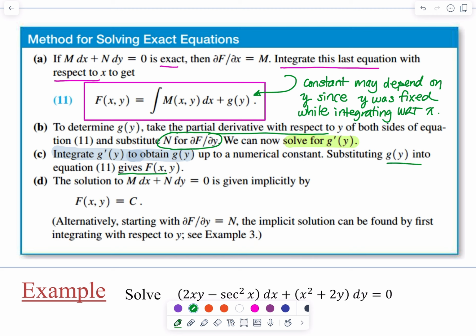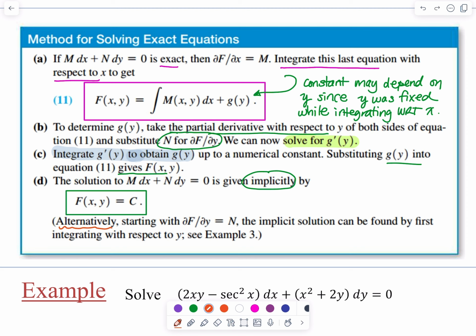And the solution to this exact equation is given implicitly as f of x, y is equal to a constant. Alternatively, we can start with the partial derivative of f with respect to y is equal to N instead of the partial derivative of M with respect to x if we wanted.